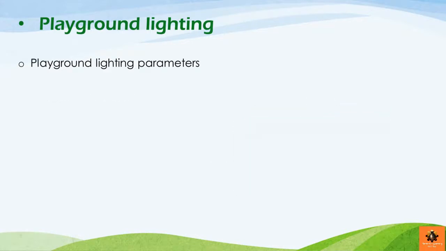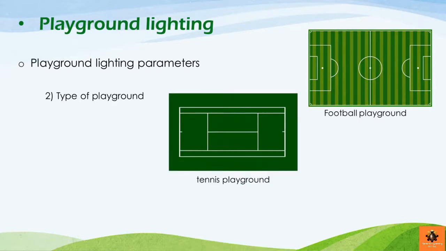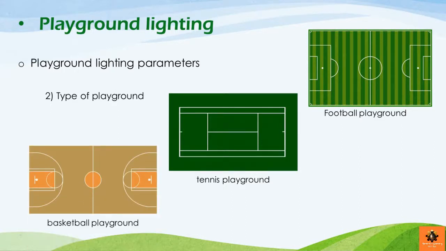Also the second parameter we need is the playground type. This is because each type of playground needs a specific value of lux or illumination according to its nature or type. For example, if we are making a design for a football playground, it needs a value of lux that is different from the tennis playground, and those two types of playgrounds will have a different design from the basketball playground.